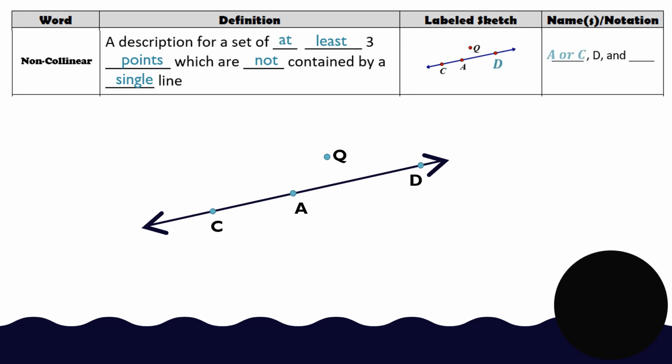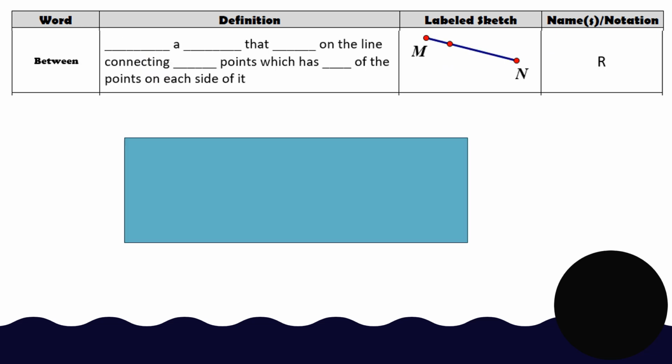Okay, this one's a little bit confusing, this next one here, between. So between describes a point that lies on the line connecting 2 points, which has one of the points on each side of it.